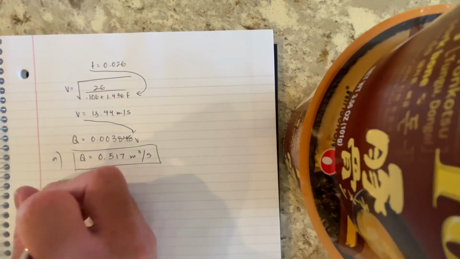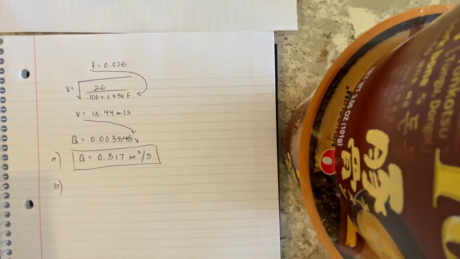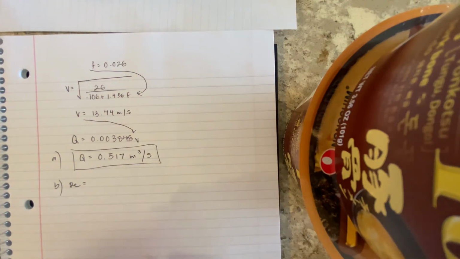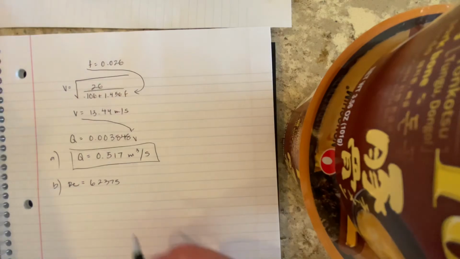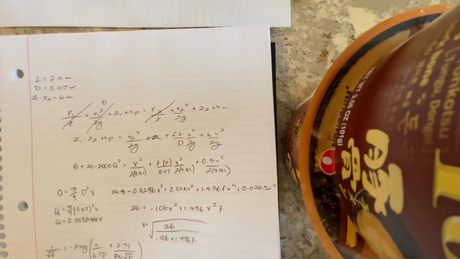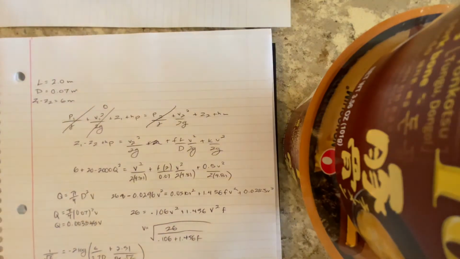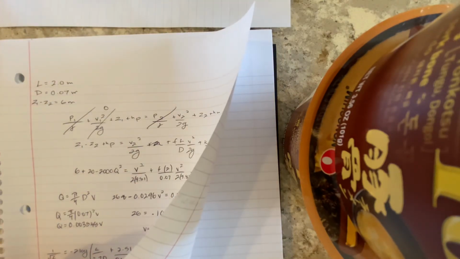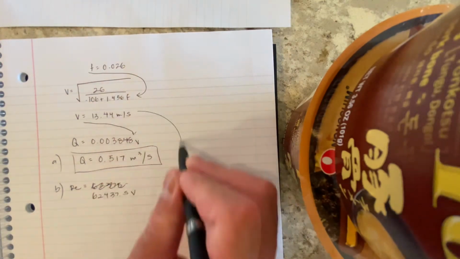Then part B, we were asked to show that the observation of fully turbulent flow was correct, and in order to do that, we would use the Reynolds number, which is 62437.5 times your V. So then you use the V again over here.